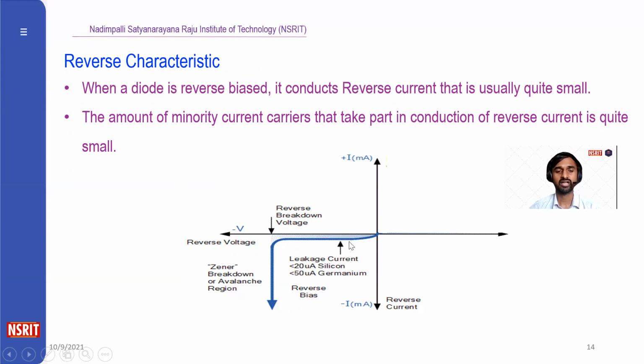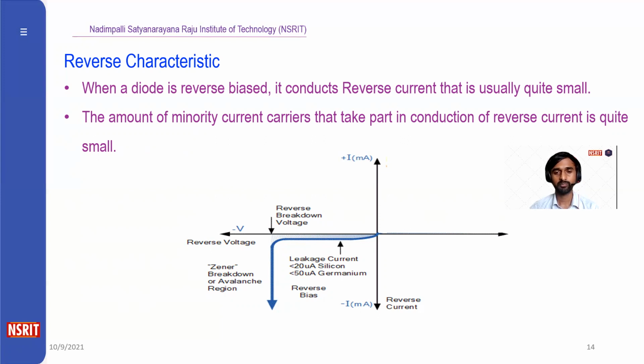This leakage current is due to the flow of minority charge carriers. The value of the leakage current is very, very small: less than 20 microamperes for silicon, and less than 50 microamperes for a germanium PN junction diode.